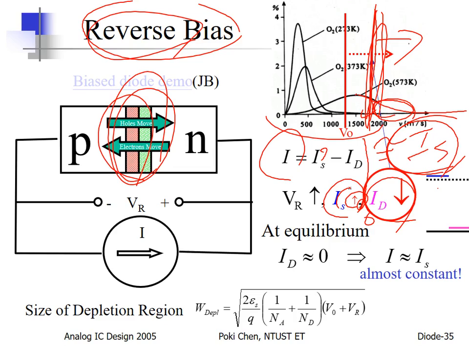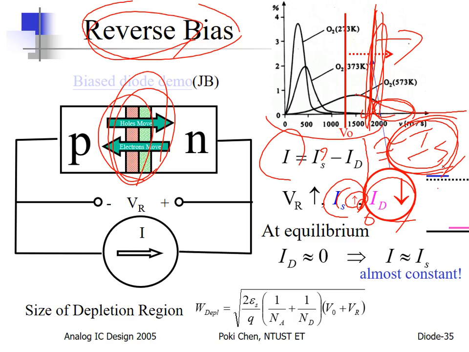After you apply reverse bias, it increased a little bit. So IS is quite stable because it is not increased hugely, only very little. In magnitude, it looks about the same.